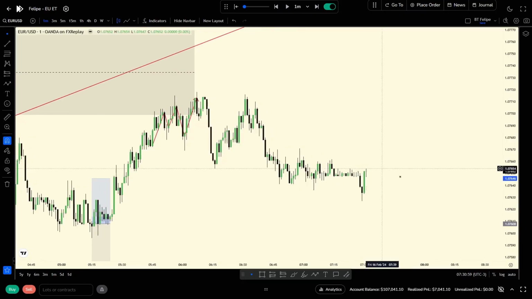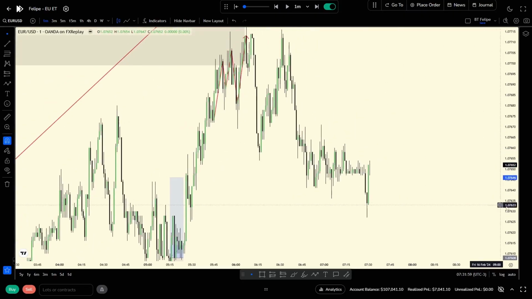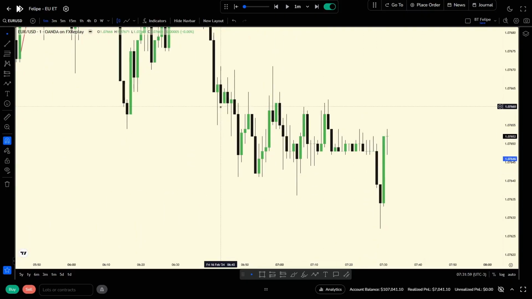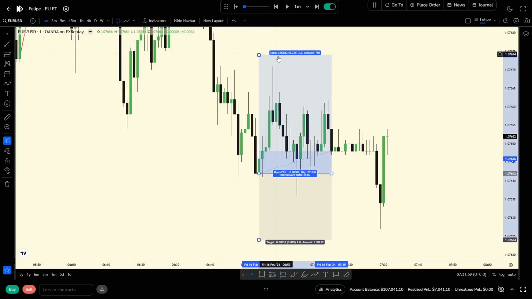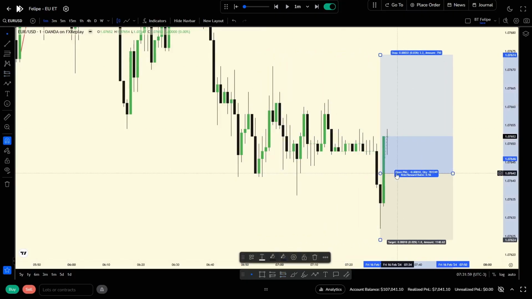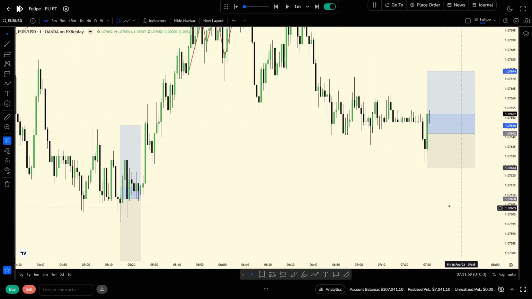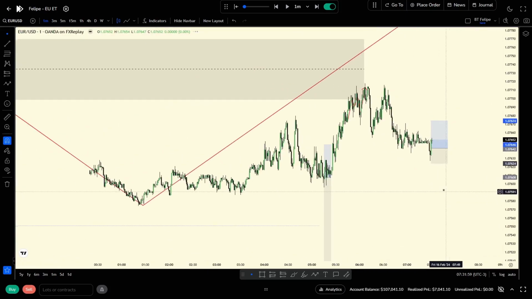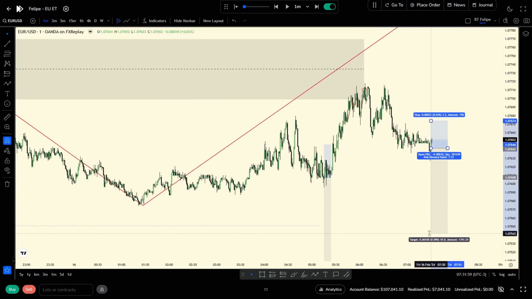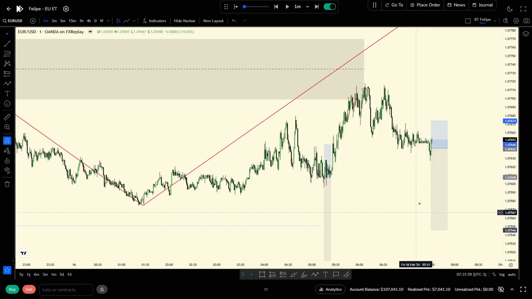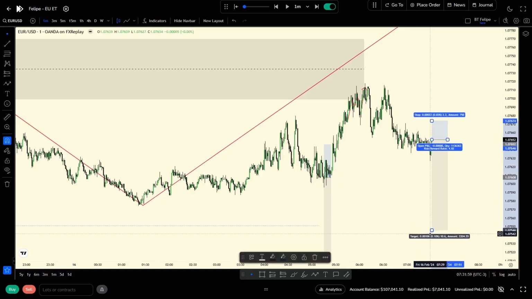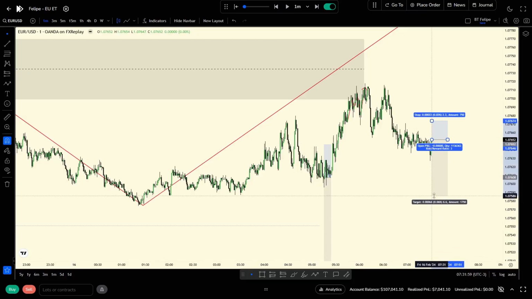What the fuck? Where is the volume? Price gave the setup here to sell. Doesn't look that great. Okay, I had to do market.